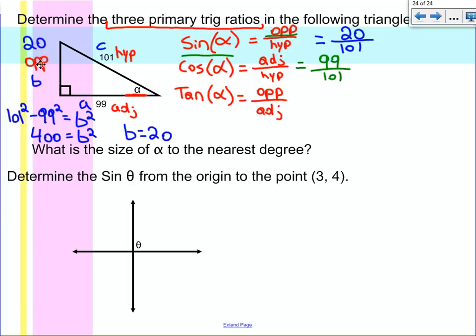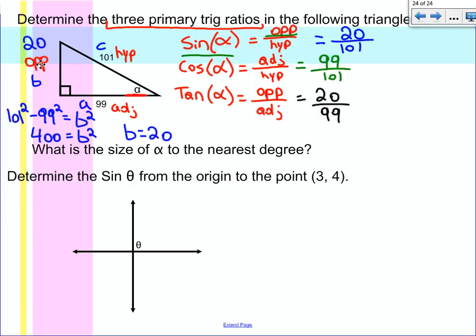That's your three primary trigonometric ratios. So we've solved the first part of the problem.